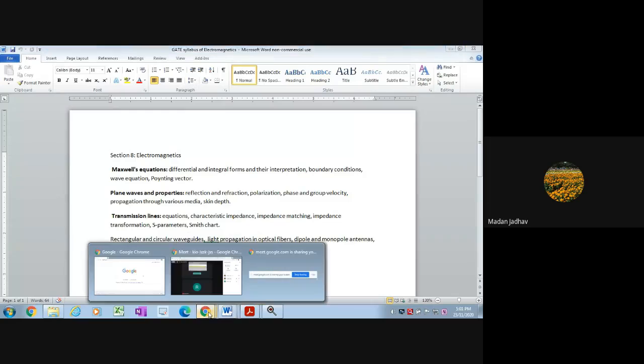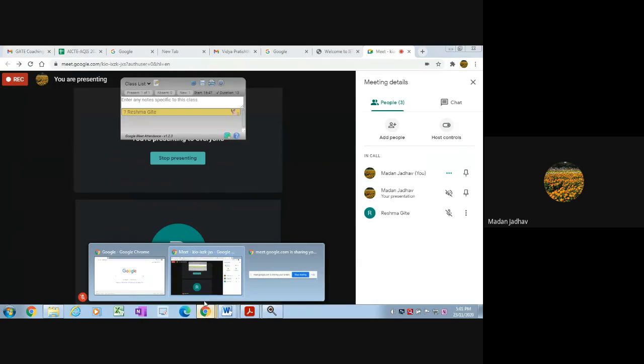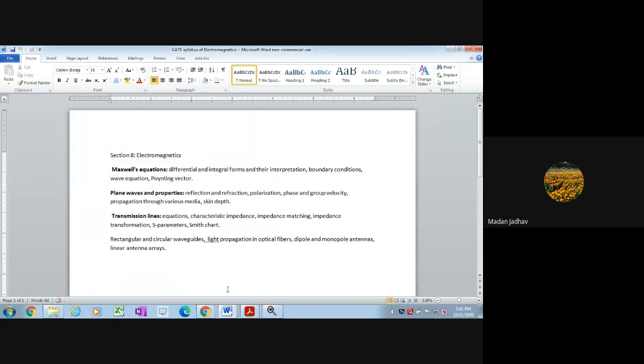Last time we discussed the plane waves and their properties: reflection and refraction, polarization, phase and group velocity, propagation through various media, and what is meant by the skin depth.